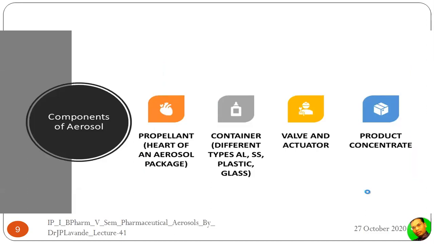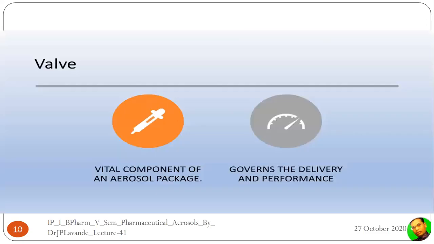Then there is a container, for which different types of materials are used, like aluminum, stainless steel, plastic, and glass. Then there is a valve and actuator, which are responsible for the delivery of the content. And there is a product concentrate, which is the API, or the therapeutic ingredient.